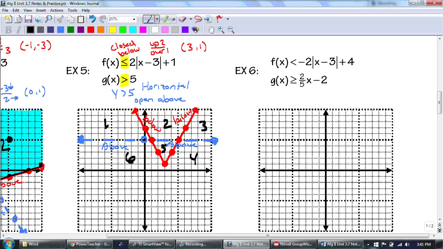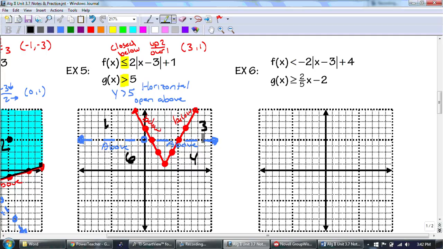All right, so let's take a look at the red. I have to be below the red. So 1 is below, 6 is below, 4 is below, and 3 is below. 2 and 5 are actually above the red, so they can be part of my answer. Now I have to be above the blue.